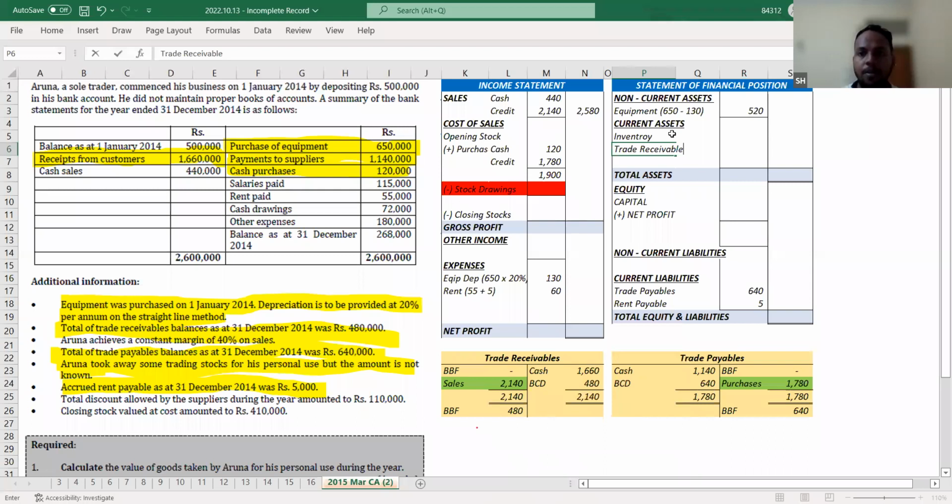Trade receivables also, you know, it's 480. Okay, right.